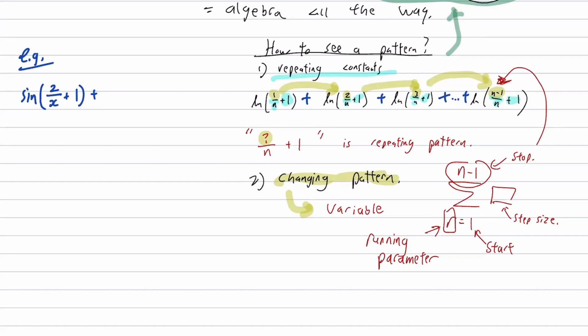If I add on, let's say, plus 3, it becomes 5 over x plus 1. Then I plus 3 again, so it becomes 8 over x plus 1. Or maybe I don't put plus 1, I put something else. Let's say minus 4, minus 4, minus 4. Can you write it in terms of summation notation? Let's say I use a parameter r.